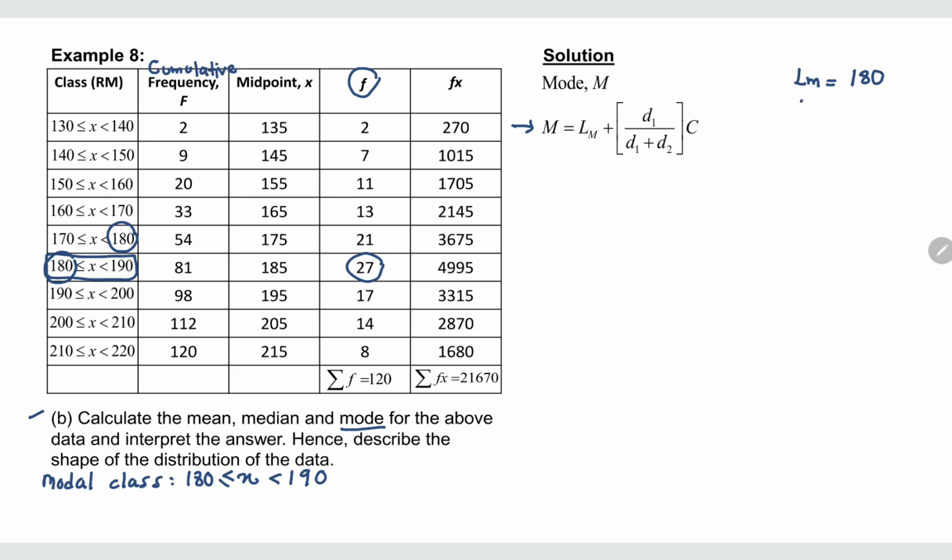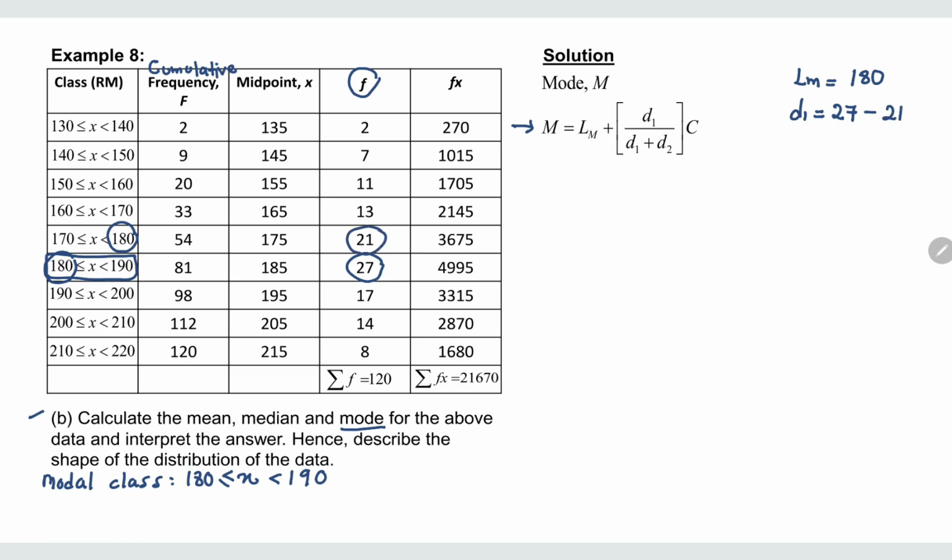Next we must find d1, the difference between the frequency of the modal class, which is 27, and the frequency of the class before, 21.